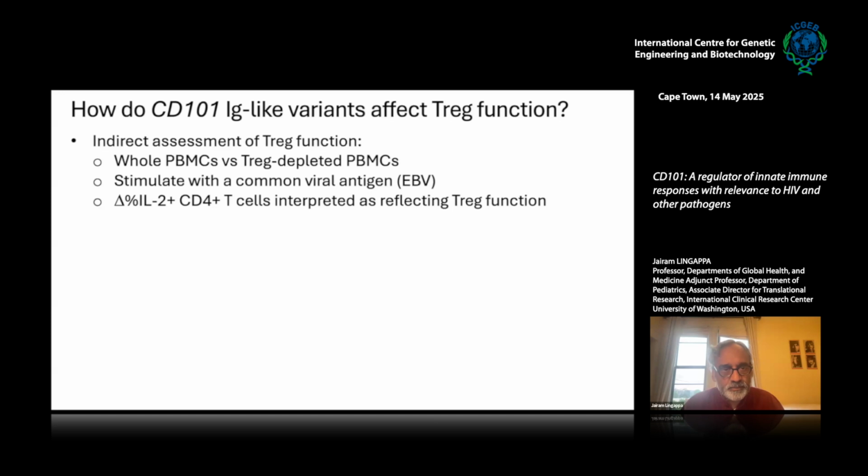And in those two comparisons, stimulate with a common viral antigen, something that most people have been exposed to, Epstein-Barr virus in this case, and use the proportion of CD4 T cells that are expressing IL-2 as a measure reflecting the Treg function, with the idea that as you deplete Tregs, you should see an increase.